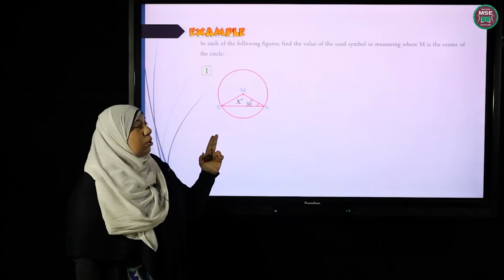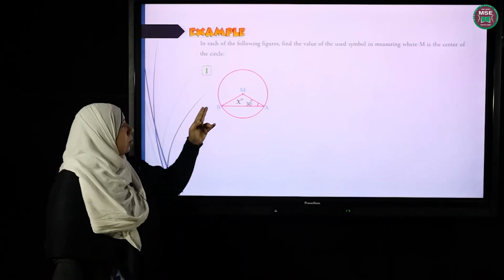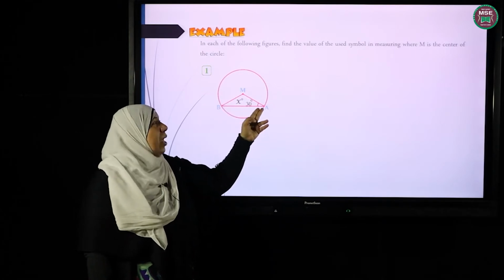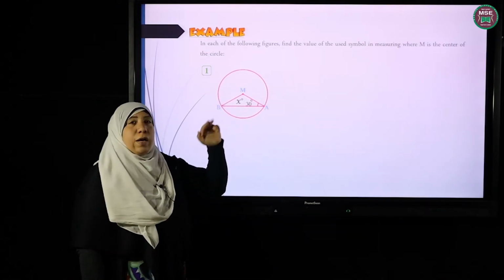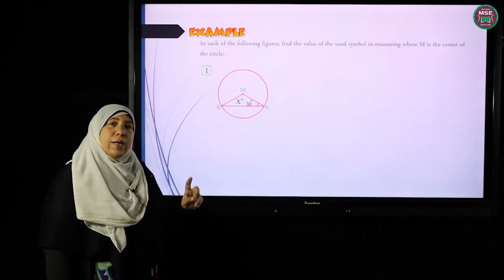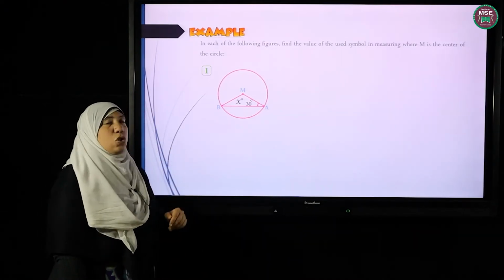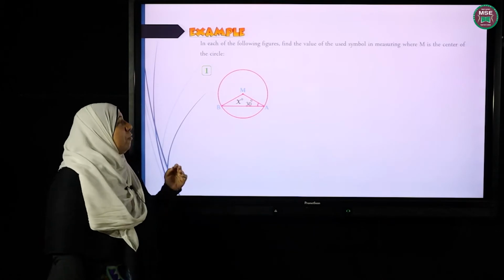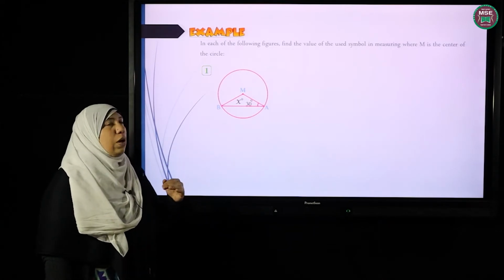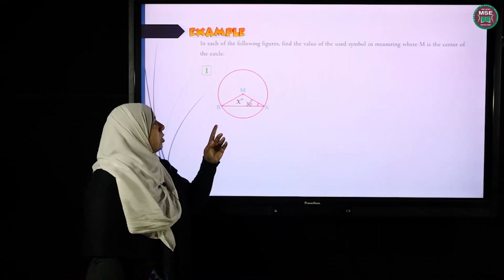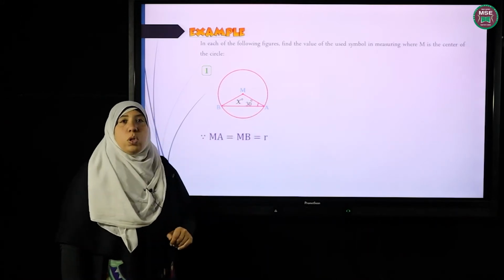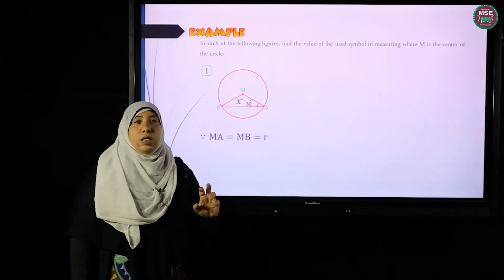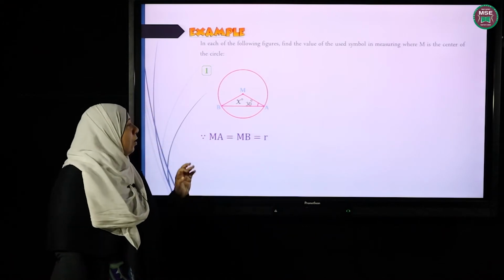MB is a radius, MA is a radius, and AB is a chord. This triangle, formed from 2 radii and a chord, is an isosceles triangle. It's information the question won't tell you about. Once you find that MA and MB are 2 radii, they are definitely equal in length.